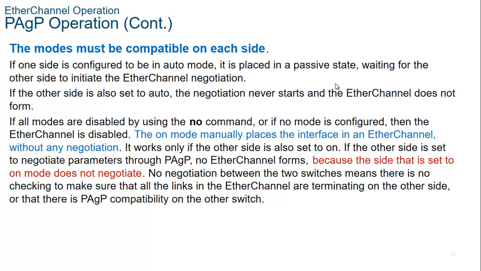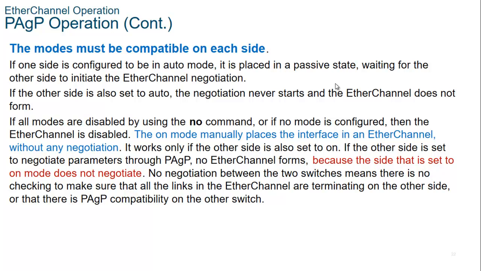If one side is configured to be auto mode, it is placed in a passive state, waiting for the other side to initiate the EtherChannel negotiation. If the other side is also set to auto, negotiation never starts and the EtherChannel does not form. If all modes are disabled by using the no command, or if no mode is configured, then EtherChannel is disabled.